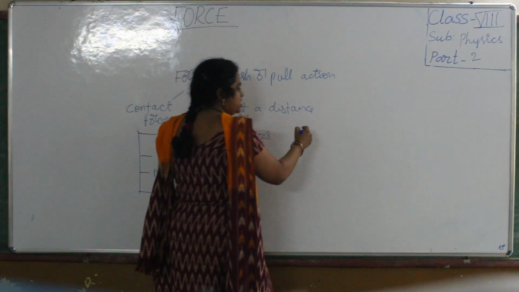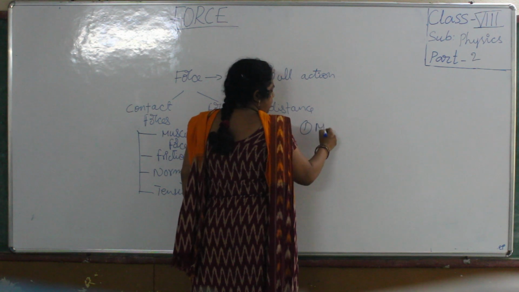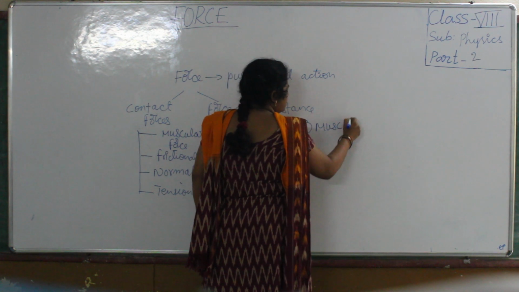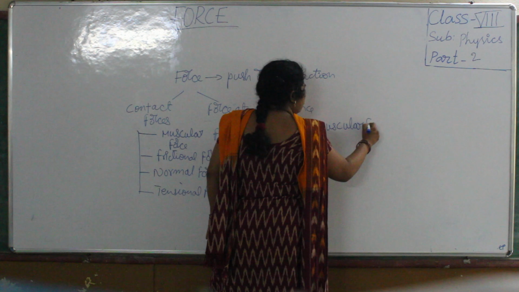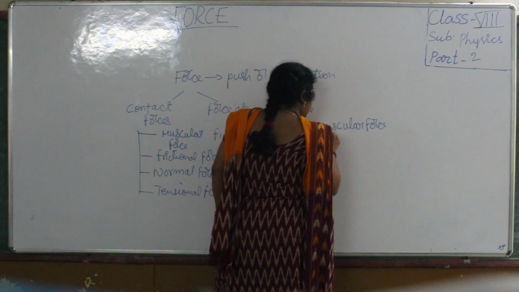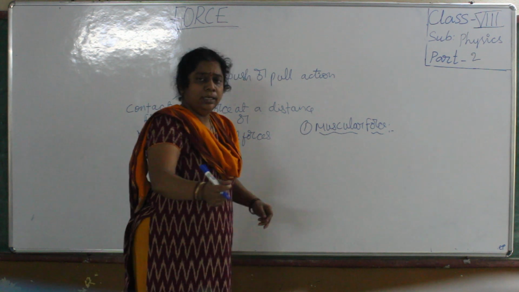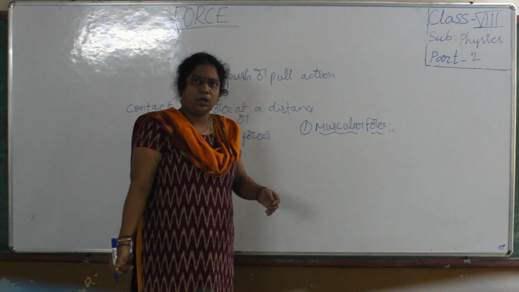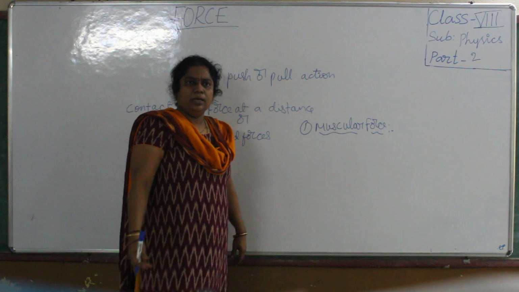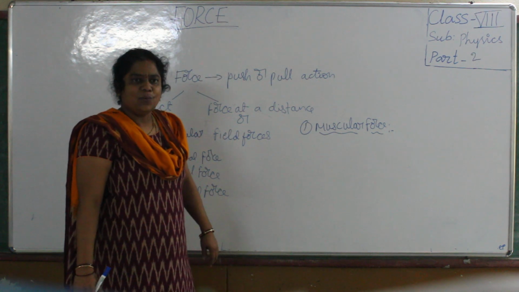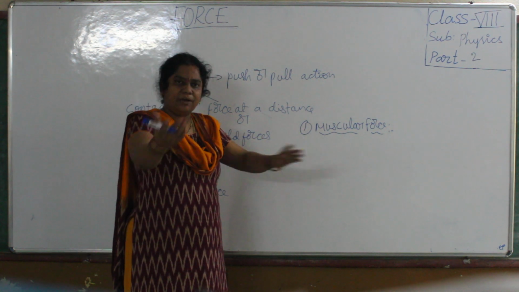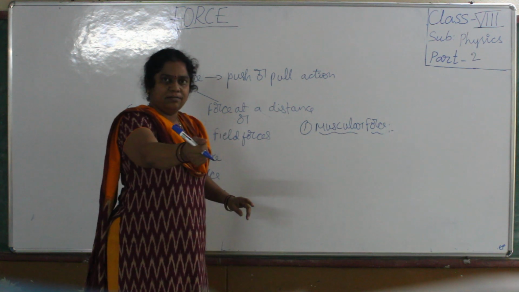So what is the first one, children? That is muscular force. What is this muscular force? For example, if I want to throw a ball onto the ground, or kick a ball on the ground, what will I do? I will stretch my hand.